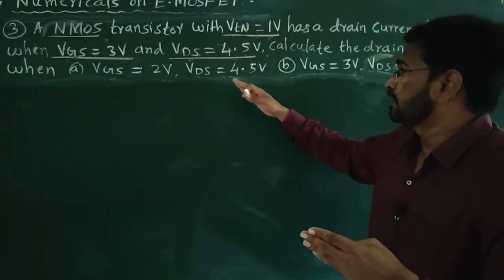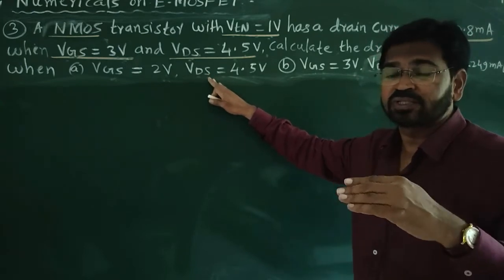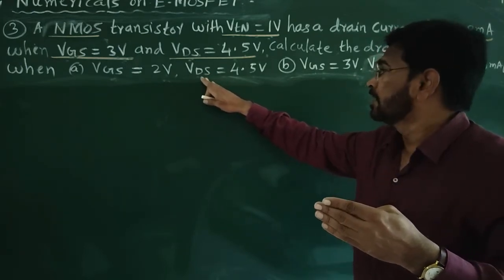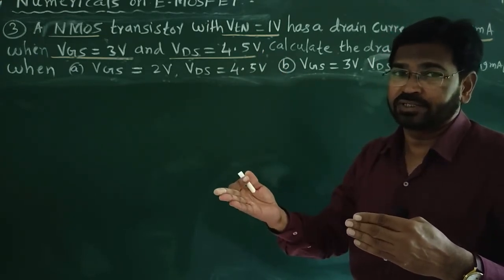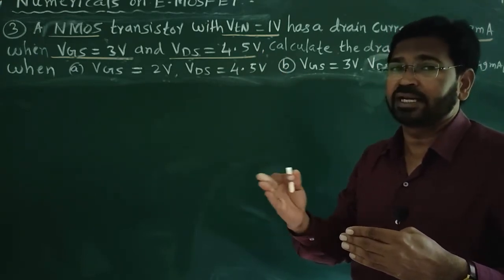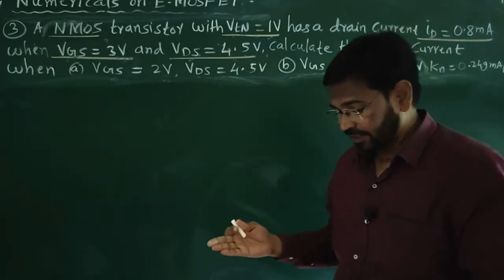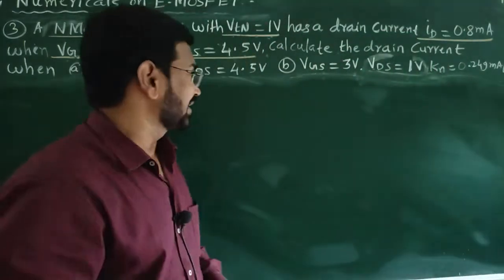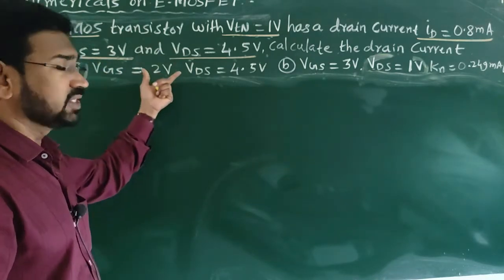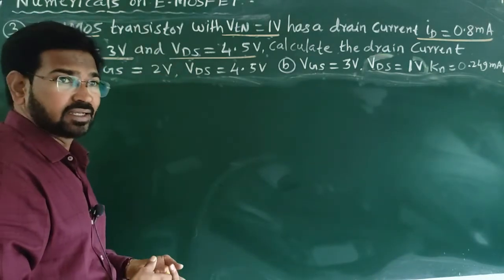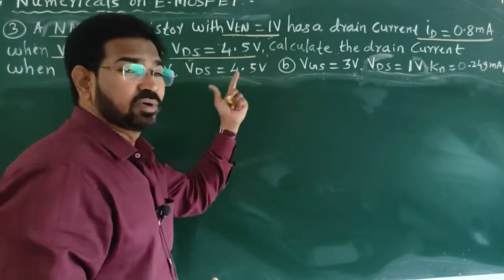When drain voltage with respect to source changes, the region of working of the transistor also changes and it affects the value of drain current. So, we will get different drain currents. Let us first check in which region the transistor is working, then we will apply the given two conditions.